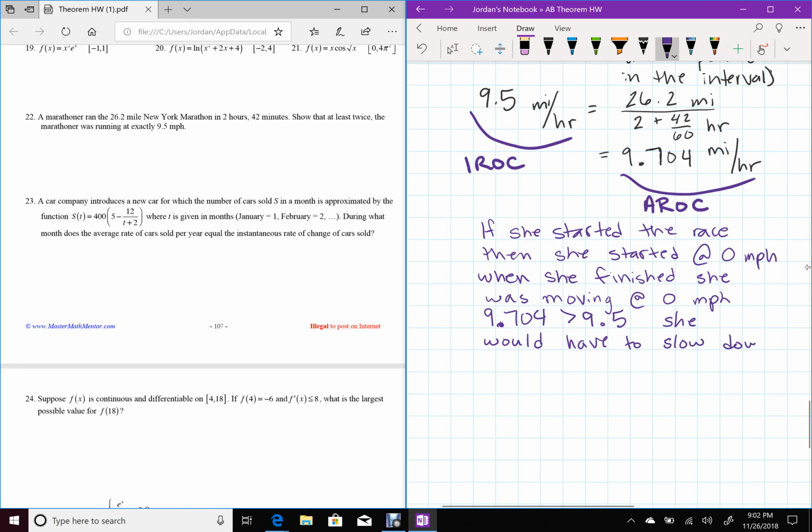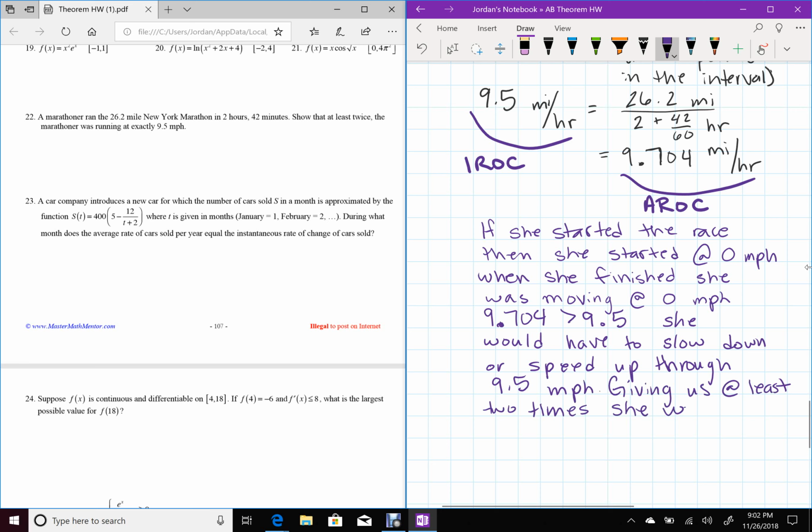She'd have to slow down or speed up through 9.5 miles per hour, giving us at least 2 times she would have had a speed of exactly 9.5 miles per hour.